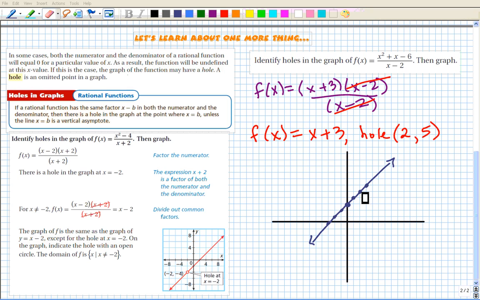So I'm going to (2, 5), 1, 2, 3, 4, 5. I'm going to erase that point right there. I'm going to put an open circle instead. And so I've got an open circle at (2, 5). Looks a little silly, but that's it.